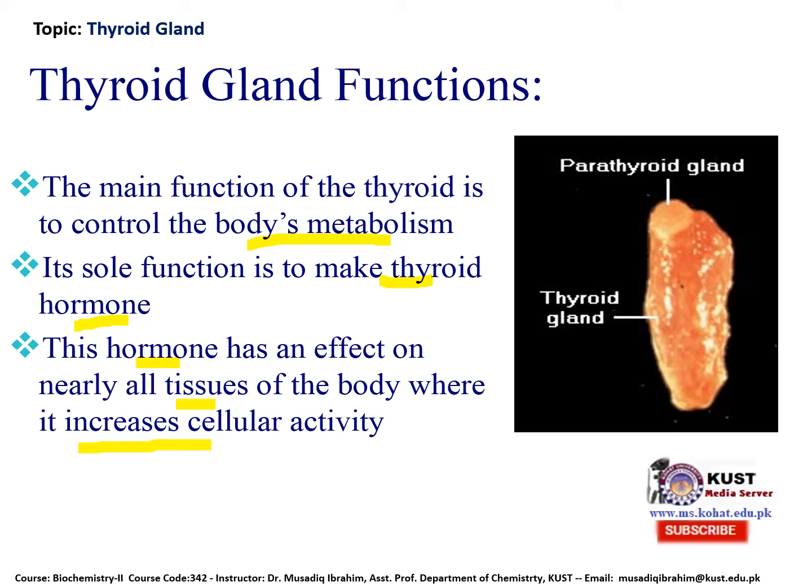Now here you can see that this is the real image of the thyroid gland, and on top of the thyroid gland a smaller glandular gland is also present, which is known as parathyroid gland.